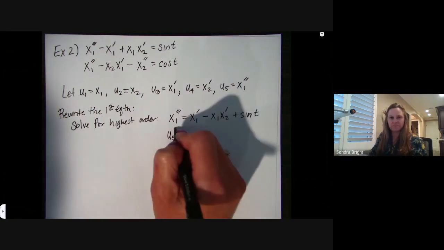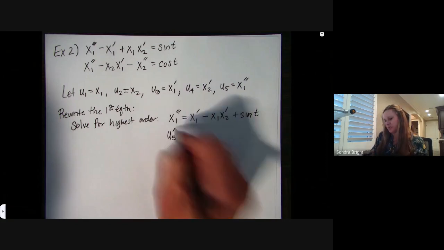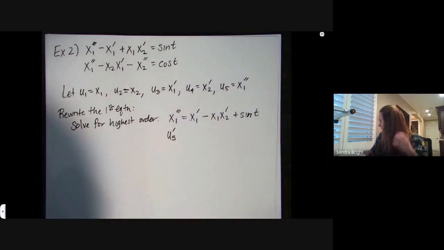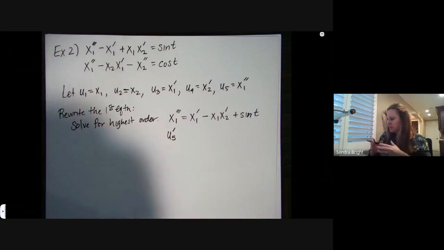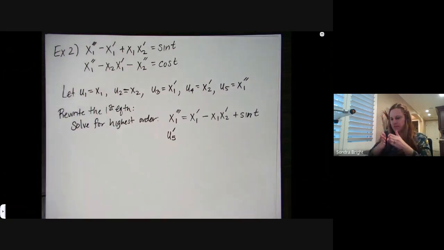What you've got to do with these first order systems is solve for each of these guys, and you need all of them to be the first derivatives.